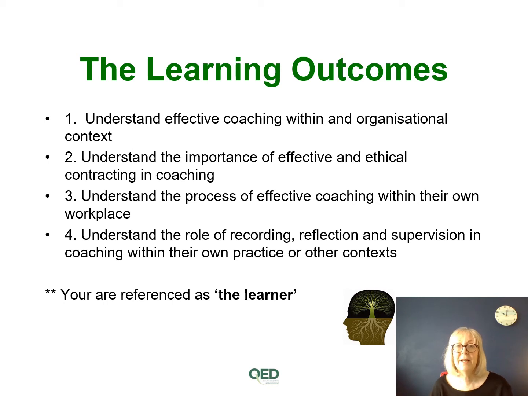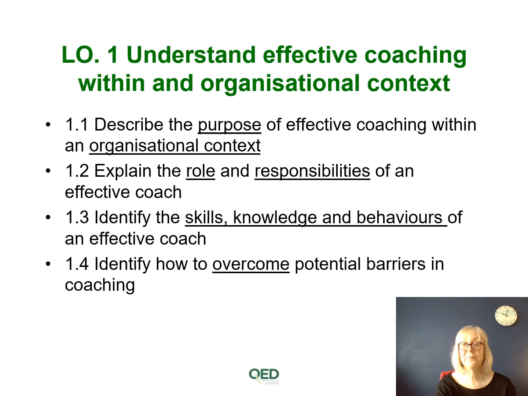The third learning outcome is about the actual practice of coaching, or what is called the process of effective coaching within the workplace. And the final learning outcome covers recording, reflection, and coaching supervision. So all the areas that we will have looked at on the course. You are referenced as the learner. So let's break this down a little bit more.